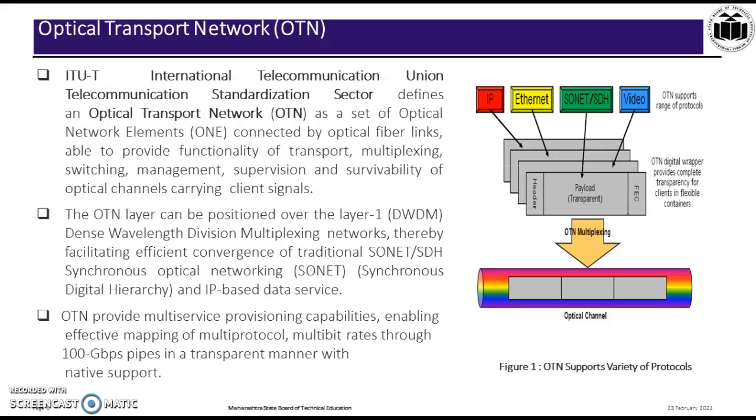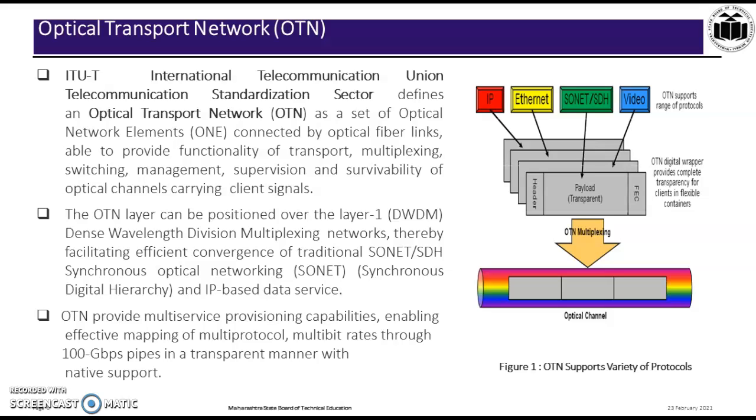Moving towards the optical transport network. ITU-T, that is the International Telecommunication Union Telecommunication Standardization Sector, defines the OTN as a set of optical network elements that are connected by optical fiber links, to provide the functionality of transport, multiplexing, switching, management, supervision and survivability of optical channels carrying client signals.